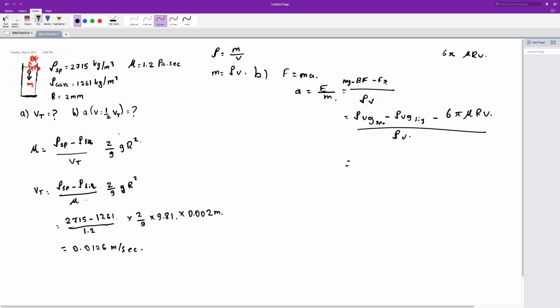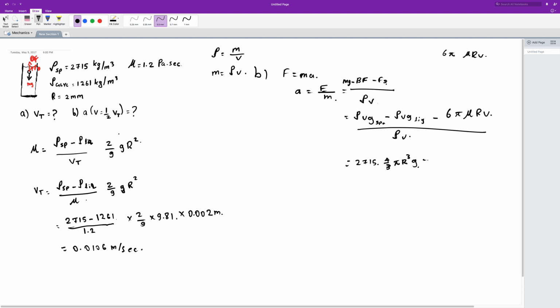So let's apply all the values. First of all, we have rho for the sphere that's provided, so we can apply this one here. This is going to be 2715, and the volume of the sphere is going to be 4 over 3 pi r cube. So 4 over 3 pi r cube is the volume of a sphere, multiplied by g.